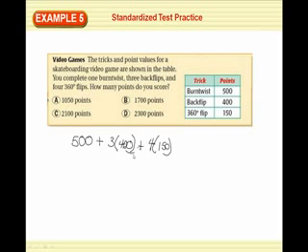So I know I have to multiply these before I can add, so 3 times 400 is 1200, plus our 500, plus 4 times 150, well 4 times 100, break it down as 400, and 4 times 50, 4 times 5 is 20, and add another 0 is 200, so that would be 600 points right there.